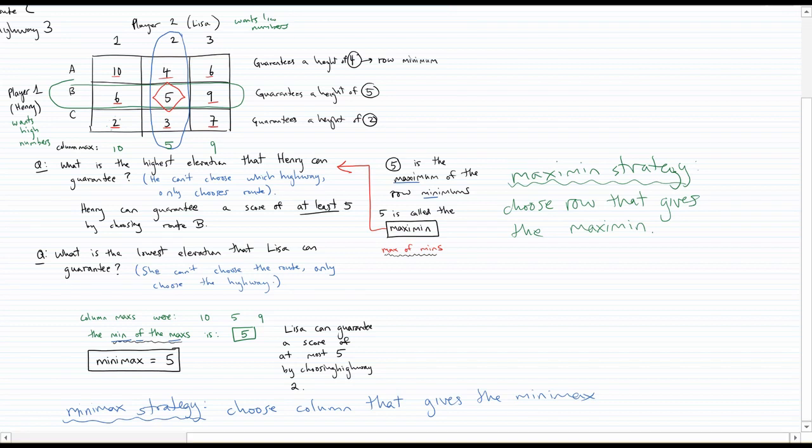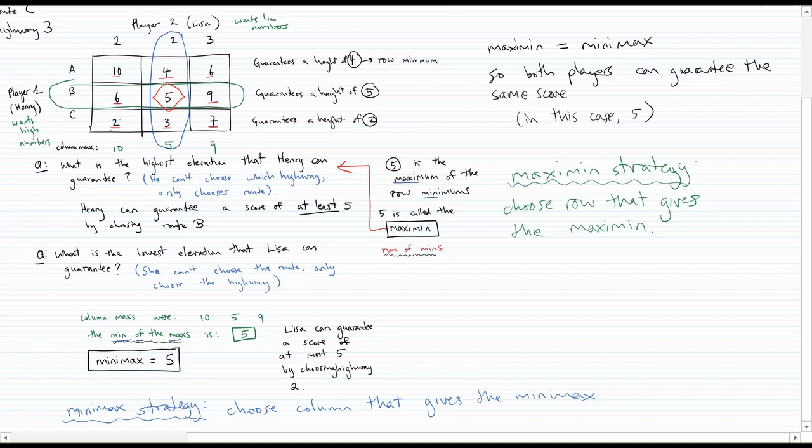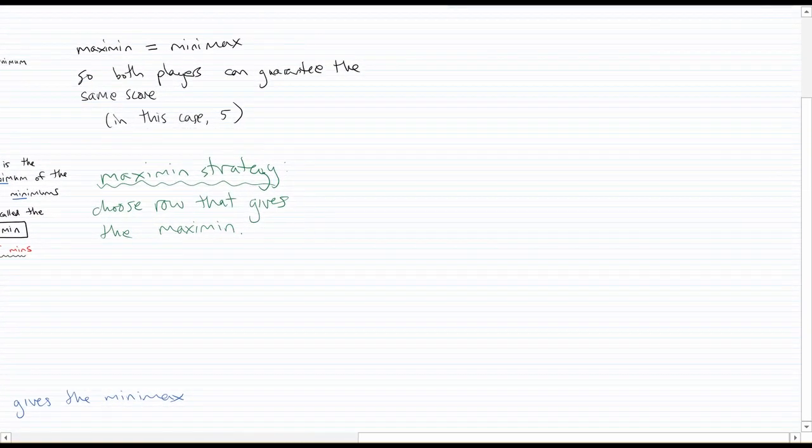This is a special case where the Maximin actually equals the minimax, so both players can guarantee the same score. In this case, 5. When this very special thing happens where the maximin equals the minimax, we say that 5 is a saddle point.